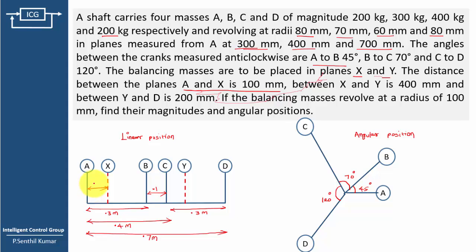That's why I'm taking X as a plane between A and B. Then the distance between X and Y, this is X, this is Y, is 0.4 meter. So that is a condition. And between Y and D is 200 mm, so this distance is 0.2 meter. So these are all the given data.